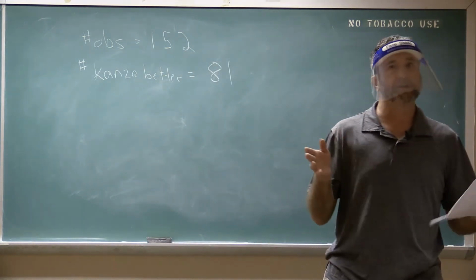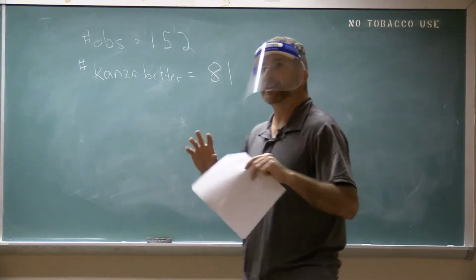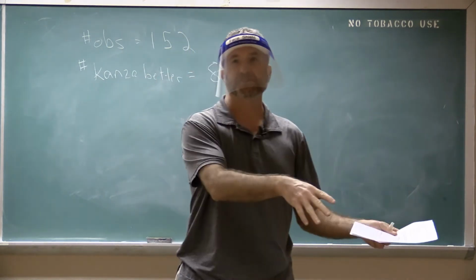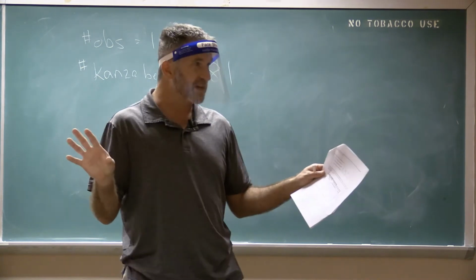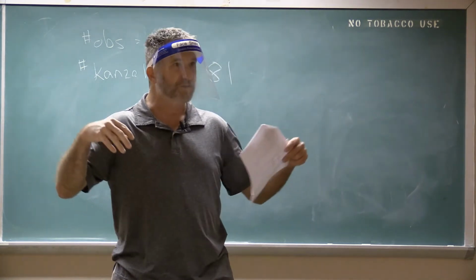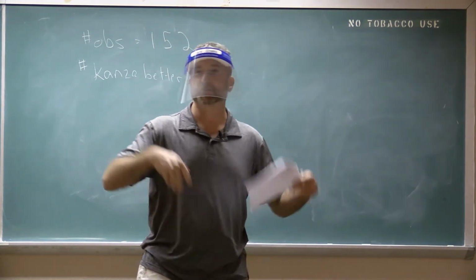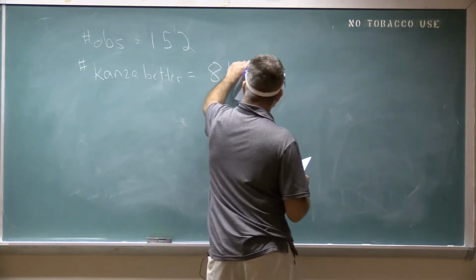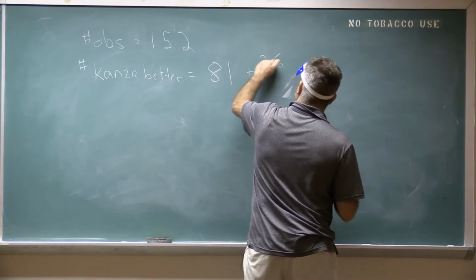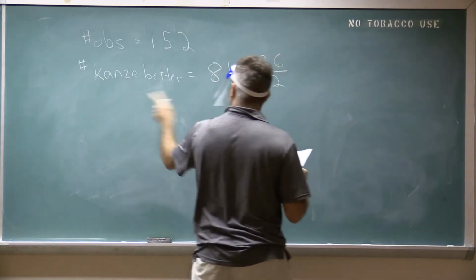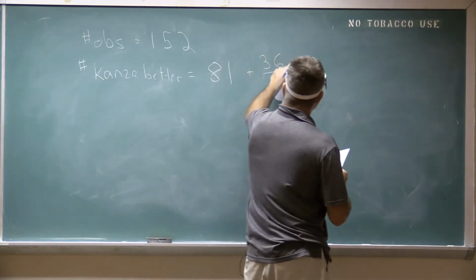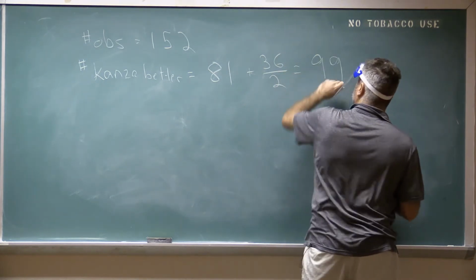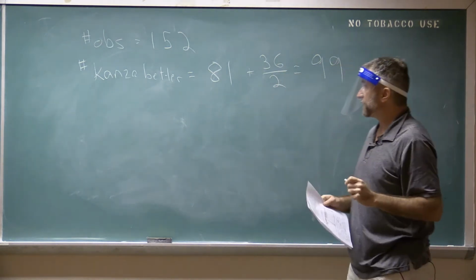But then we take all those ties and we're just going to equally distribute them between Kanza and native, which is what you would expect with a coin flip. With a regular coin flip, half the time they're going to like one better, half the time they're going to like the other better. And there were 36 ties. We're going to give half of them to the Kanza, and so that gives us 99 times people like the Kanza better.